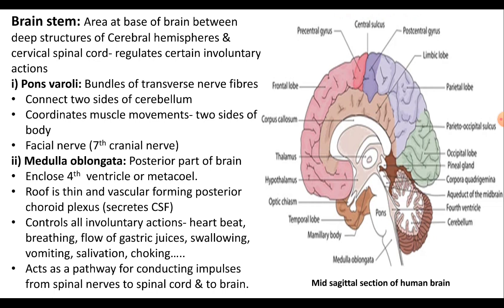This brainstem consists of two important parts. One is the pons varolii, the other one is the medulla oblongata.